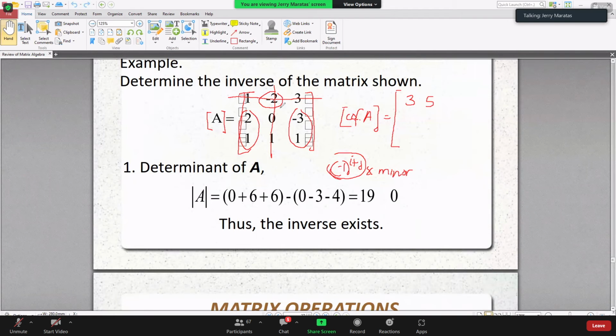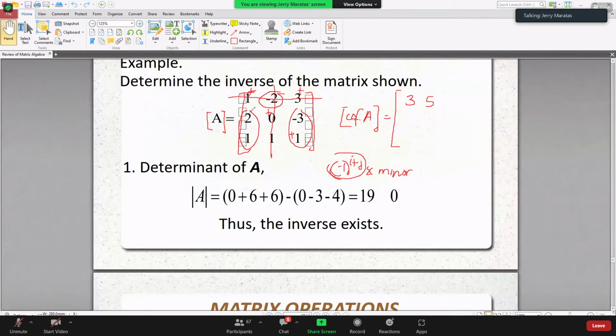Now unsa may sign niya karon? Pwede ra gid ka para maanad na ka, pwede na ni pang-assignan ni mga signs. Plus ni siya, minus, basta ang imong main diagonal puro na siya plus. Okay? Nya alternate plus minus plus, no?